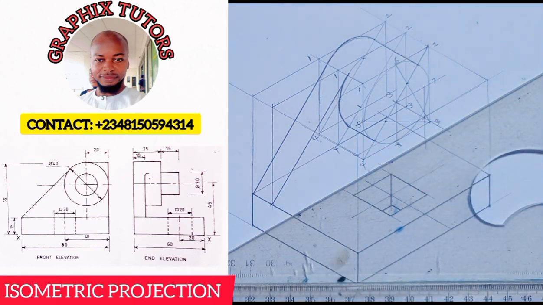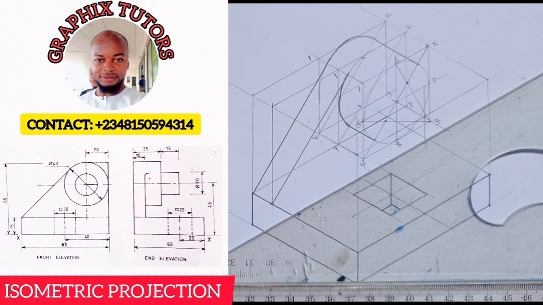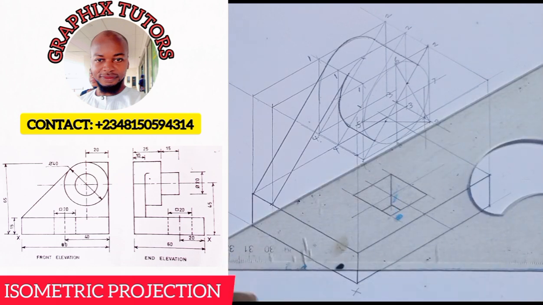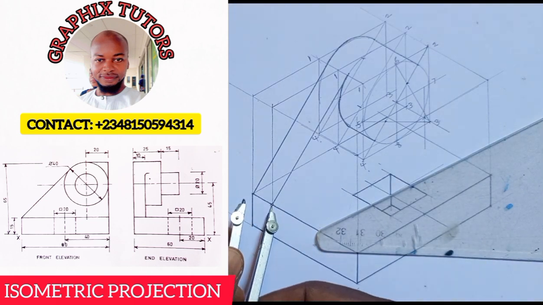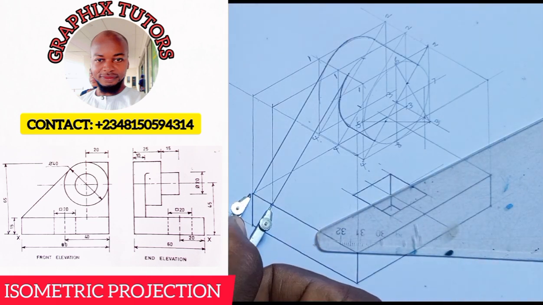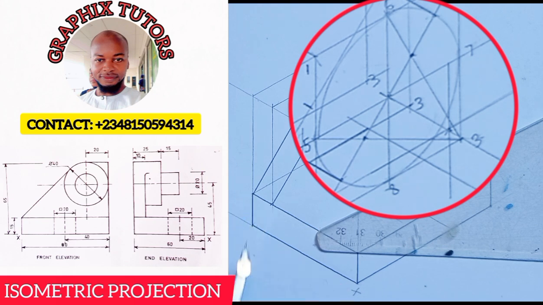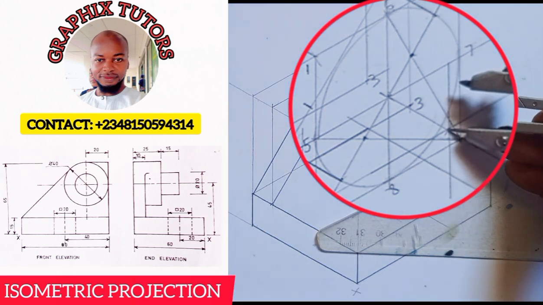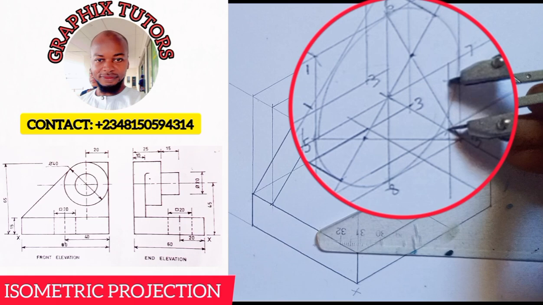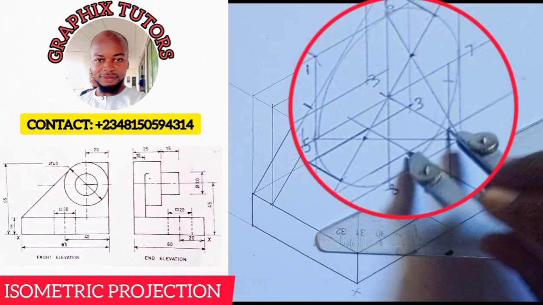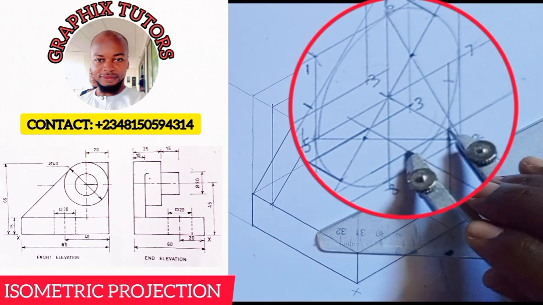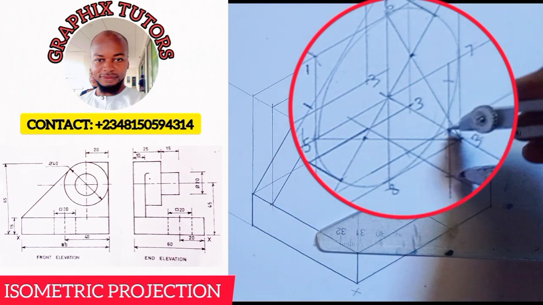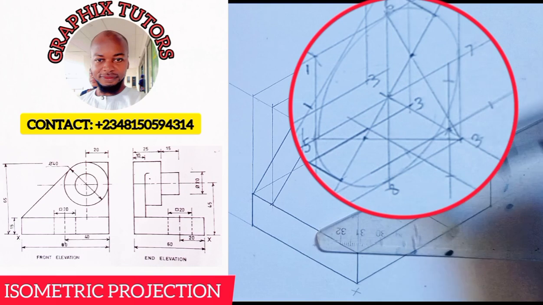And the diameter of that circle is given to be, you can check it from here, diameter of 20. So I'm going to measure 10 millimeter each. So we know from here to here is 10. You can measure it on your instrument. Right? So this is 10 here. So when I come to this point, I can measure from here 10 millimeter, 10 millimeter, right? 10 millimeter and 10 millimeter.